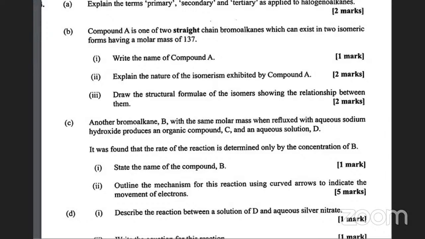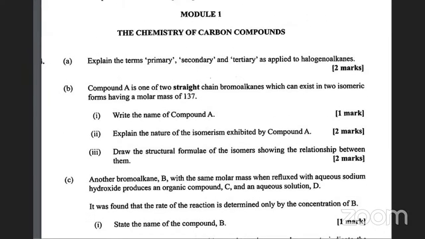All right, so compound A, that's part B, explain the terms primary, secondary, and tertiary as they apply to haloalkanes.